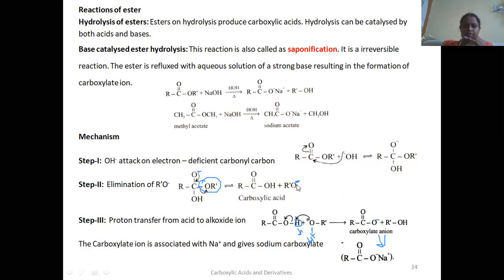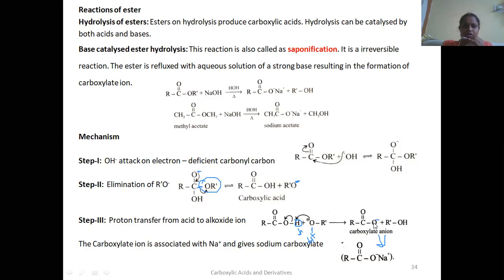Since this alkoxide is highly unstable, as soon as it forms it takes away this proton. Since H is eliminated without the electrons, the bonded pair of electrons shifts onto the oxygen.